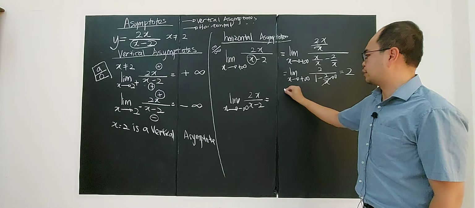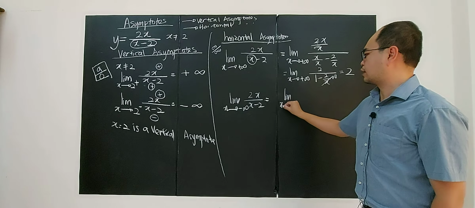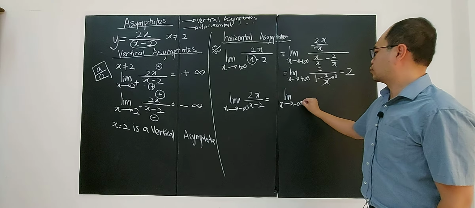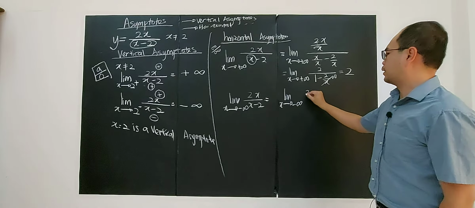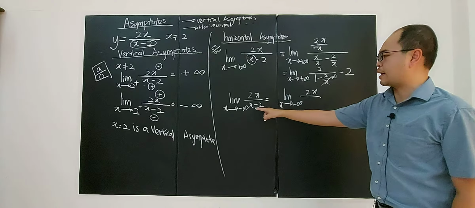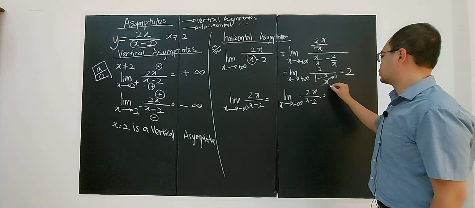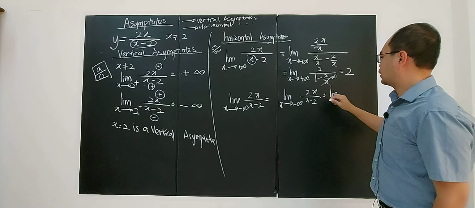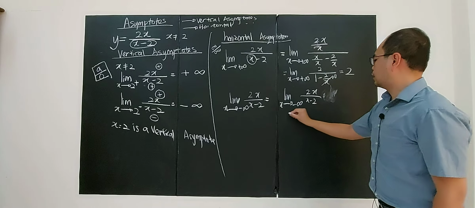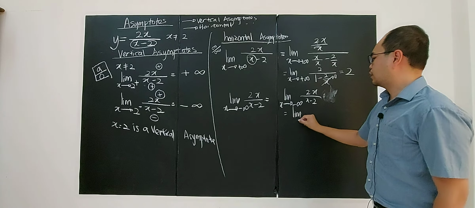Same thing happens here. We check what happens to the function when x approaches a very big negative number. It still has the same approach.